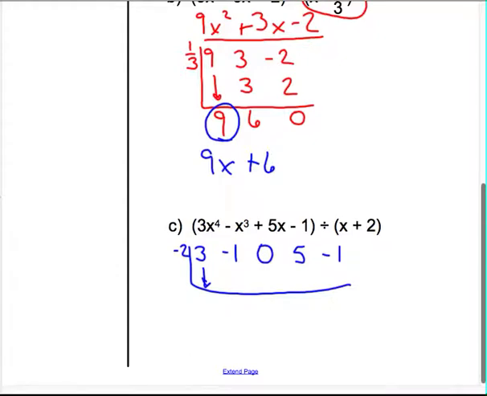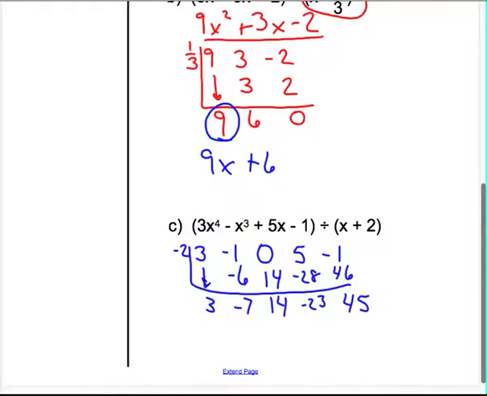Bring down the 3, times -2 is -6. Plus -1 is -7, times -2 is 14, plus 0. 14 times -2 is -28, minus 5 is -23, times -2 is +46, plus -1 is 45.